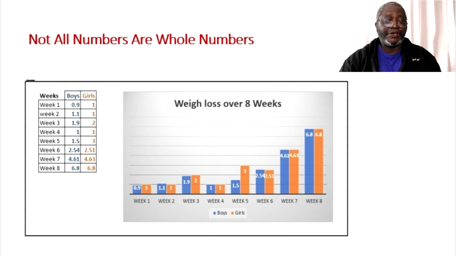So on the left you see a table there, week 1, week 2, week 3, 4, 5, 6, 7 and 8, and you see the amount they lost in grams.